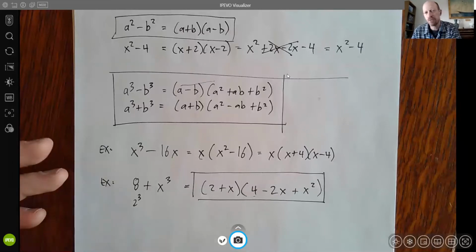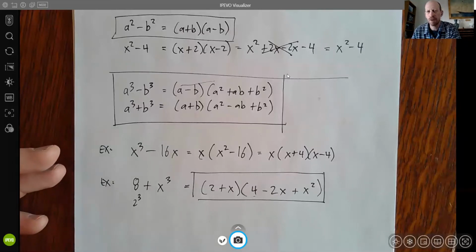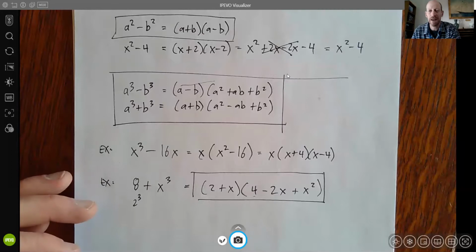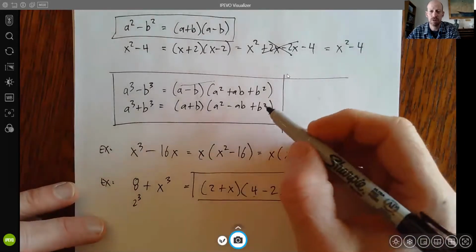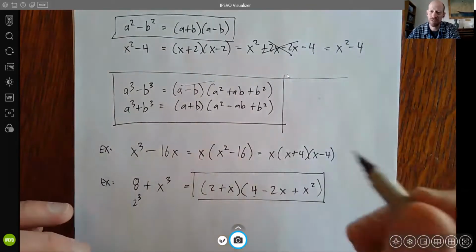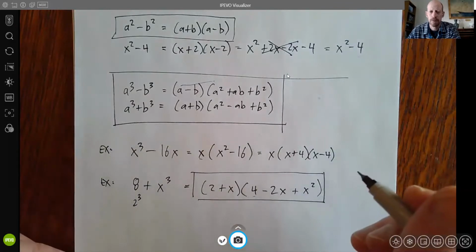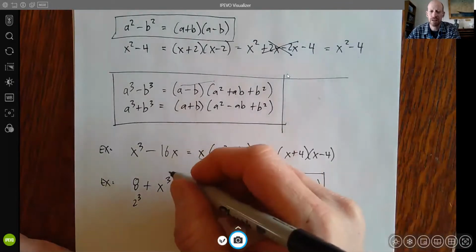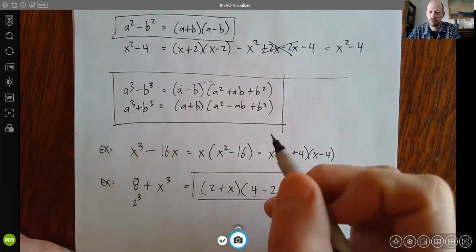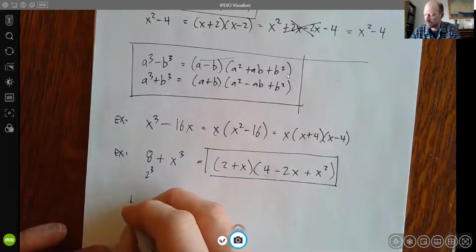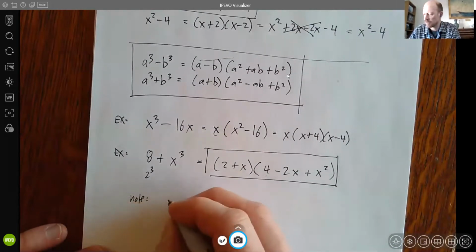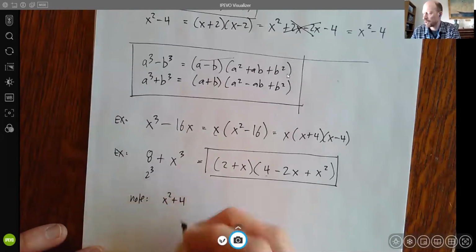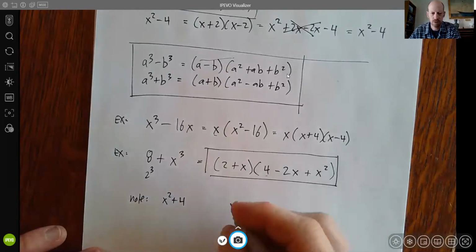So the cubes sometimes give students trouble, but I always feel like they don't have to, because you have the formulas here. You just have to fit the pieces into the formula. But you do have to recognize which type of form you're looking for. Also, just as a little side note, x squared plus 4 is prime.